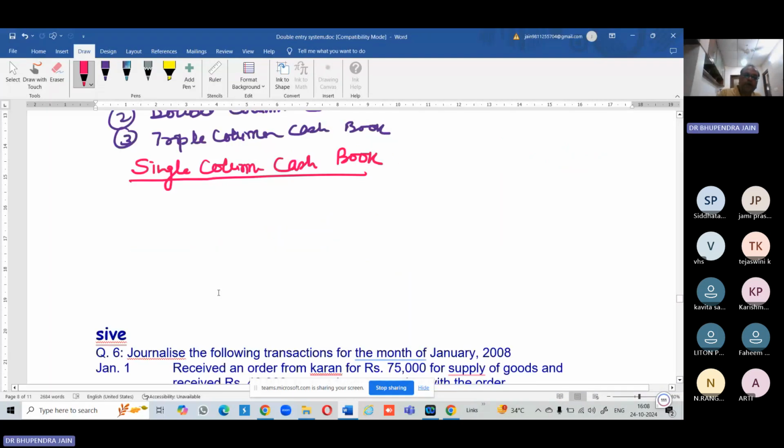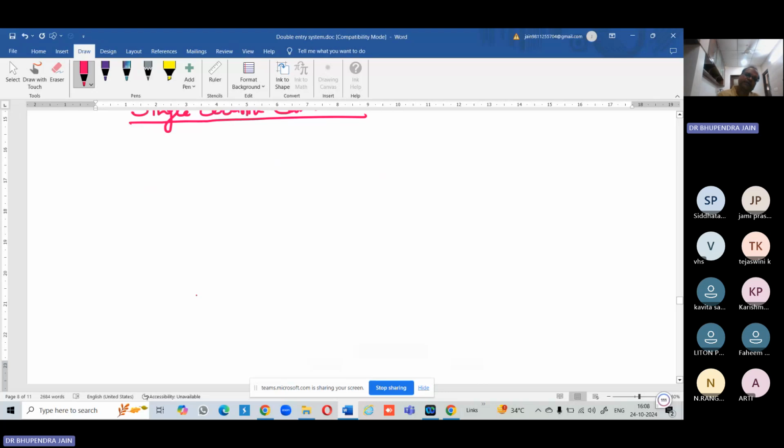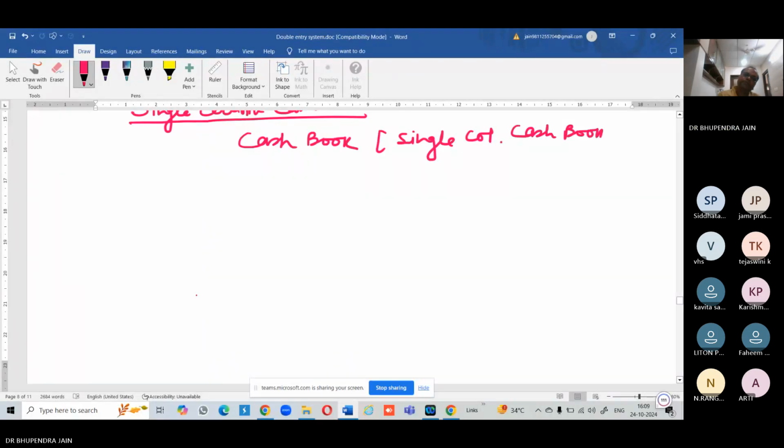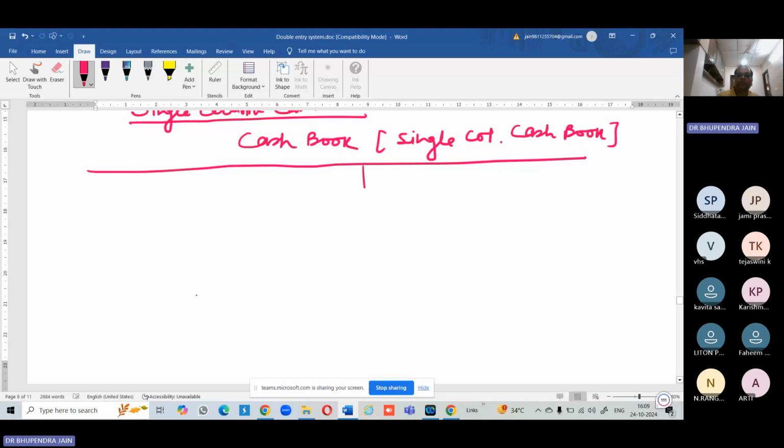What is the specification of single column cash book? It is the same as the ledger. We are making a cash book, the single column cash book. This is a specimen of single column cash book.